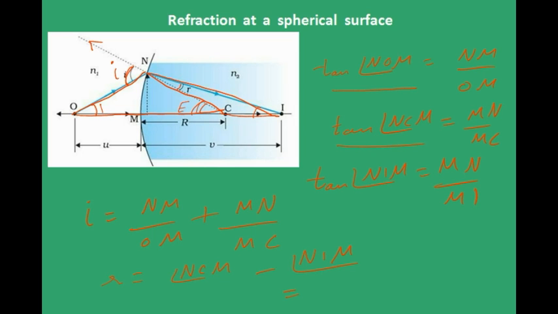This is clear, and NCM can be given by MN by MC from this equation, and NIM can be given as MN by MI from this equation. Hope this is clear till now. So we got two equations for I and R, angle of incidence and angle of refraction.